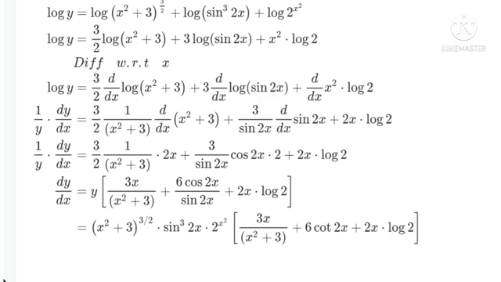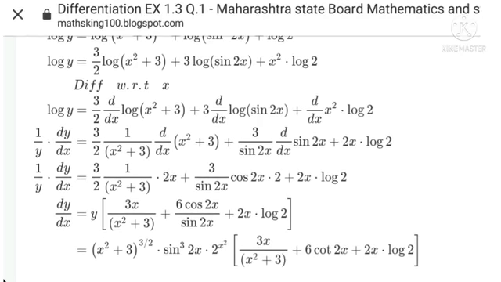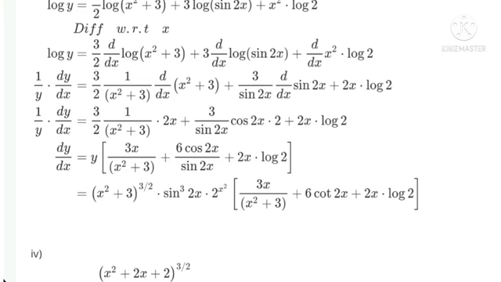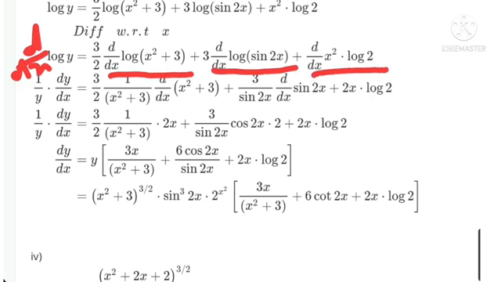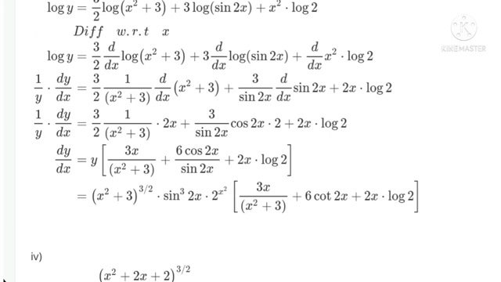Here d by dx of log y is equal to 3 upon 2 into d by dx of log x square plus 3, 3 into d by dx of log sin 2x, and d by dx of x square log 2.